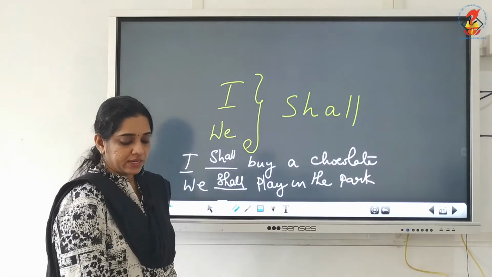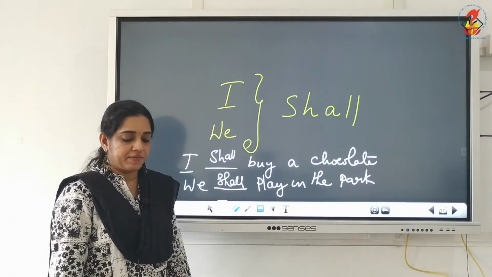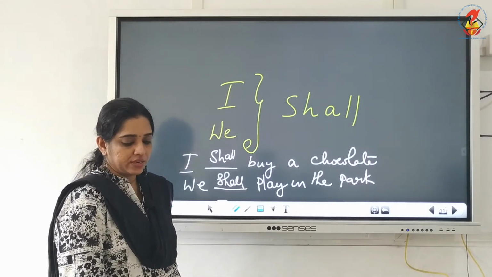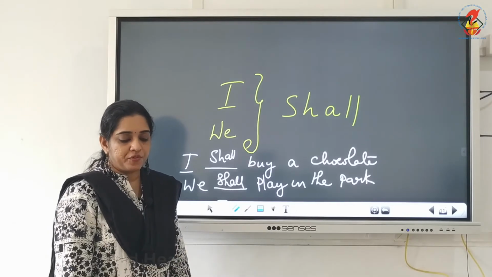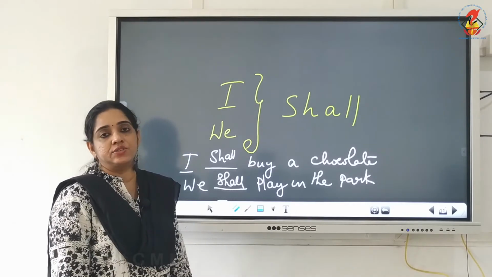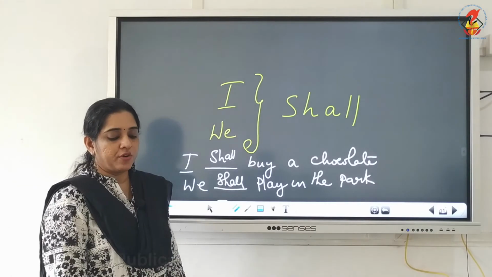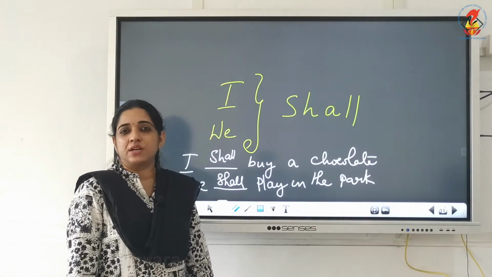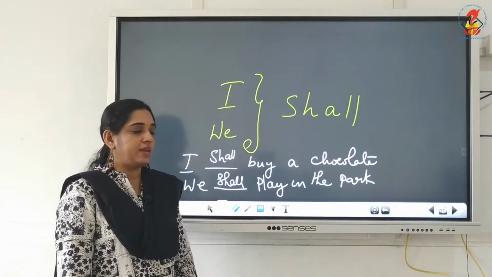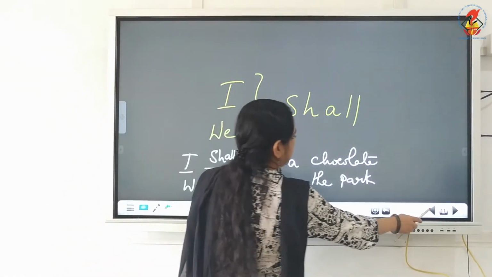Now, coming back to the textual exercises, page number 74, the first question: fill in the blanks with the different form of be as directed. Different forms of be. What are forms of be? Which are be verbs?